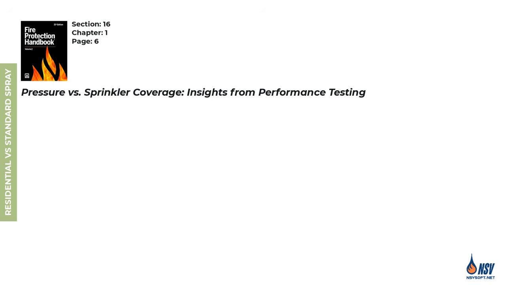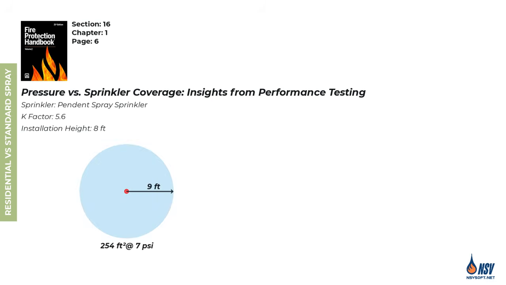According to Chapter 1, Section 16 of the 21st edition of the Fire Protection Handbook, a pendant spray sprinkler with a K factor of 5.6 installed 8 feet above the floor has a coverage area of 254 square feet at 7 pounds per square inch. When the pressure increases to 70 pounds per square inch, this coverage area expands to 530 square feet.